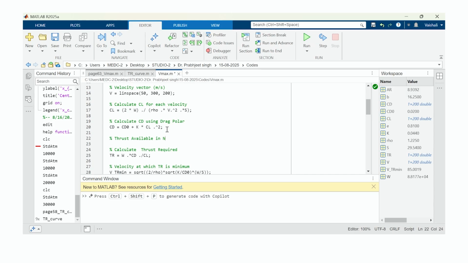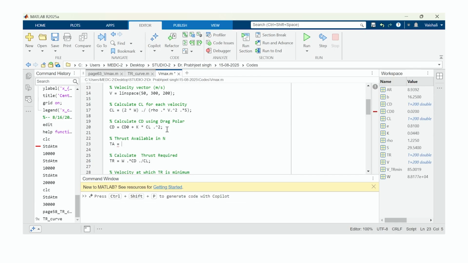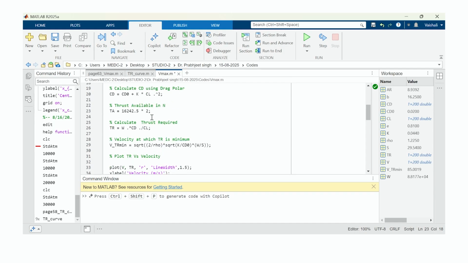So thrust available equals 16,242.5 into 2. This is our thrust available. Now let me find the maximum velocity using the analytical expression.